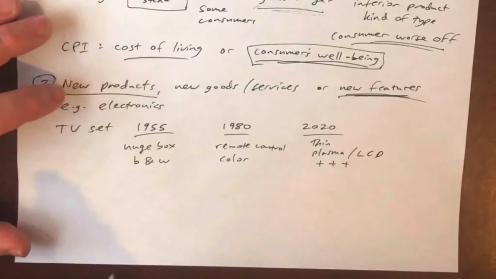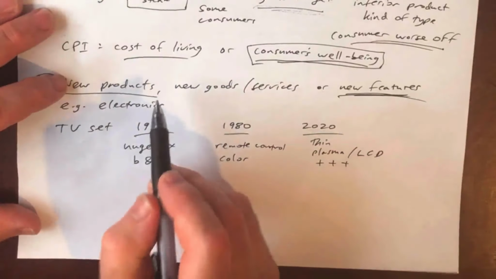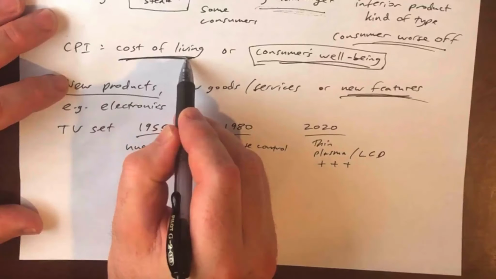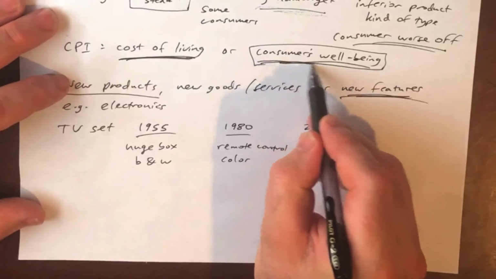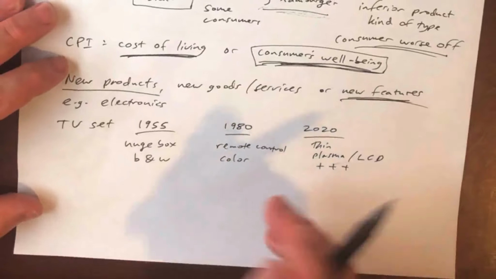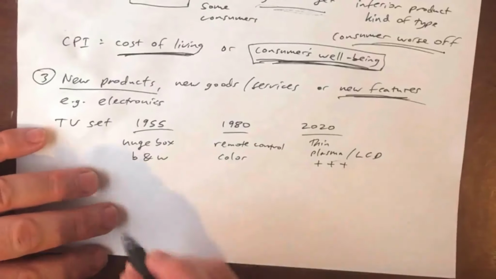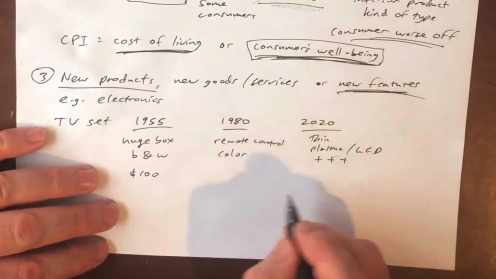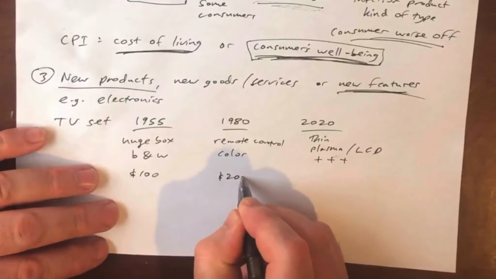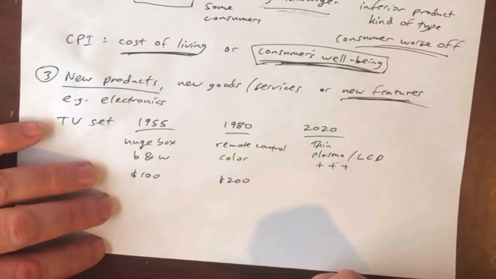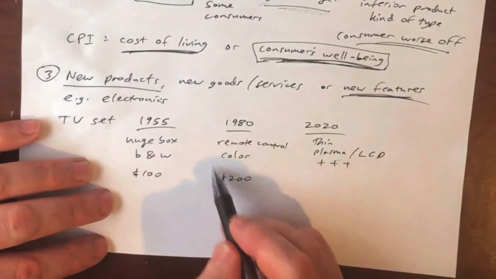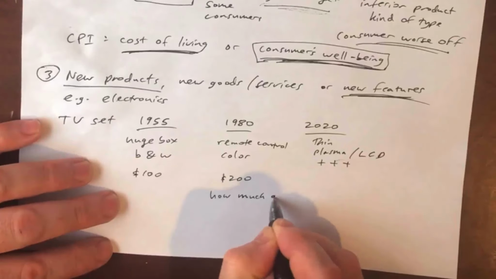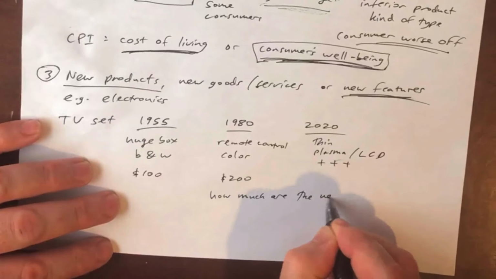So again, we're going back and forth between this debate over what the CPI should be tracking. Should it be tracking changes in the cost of living, or should it be tracking changes in the consumer's well-being? So here's the issue. If the TV set in 1955 cost $100 and the TV set in 1980 costs $200, but it has very different features, here's the question: how much are the new features worth?